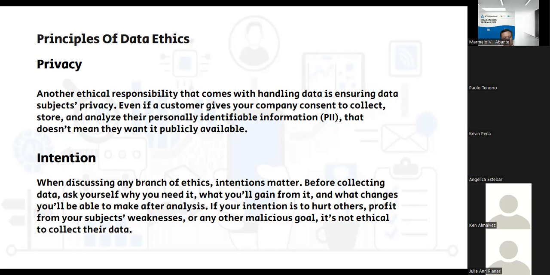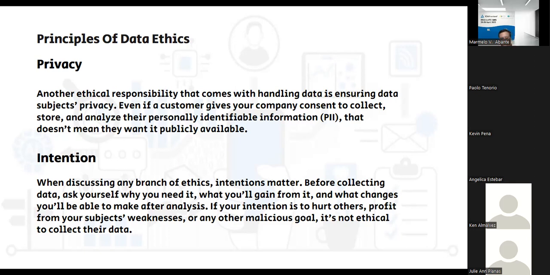What names, if you search with them, come up with arrest ads? Sweeney asked in the course. What I found was that if your name was given more often to a black baby than to a white baby, your name was 80% more likely to get an ad saying you had been arrested. It's not clear from this example whether the disparate impact was intentional or a result of an unintentional bias in an algorithm. Either way, it has the potential to do real damage that disproportionately impacts a specific group of people.